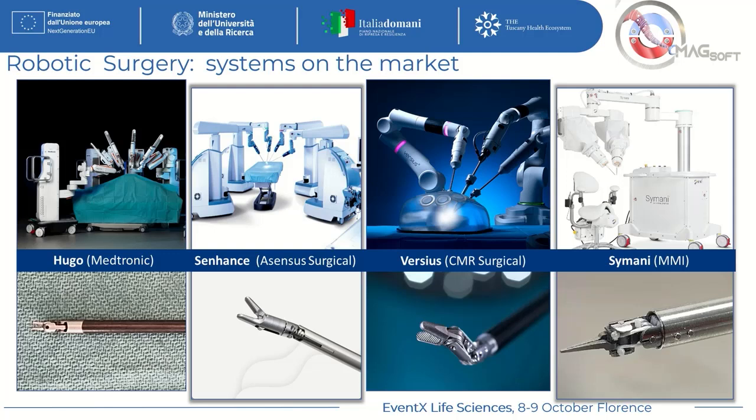And the Versius system from CMR Surgical. All these systems have minimal differences in terms of operating setup, but the main approach is the same for all of them: ergonomics, 3D vision, and dexterity inside the body.